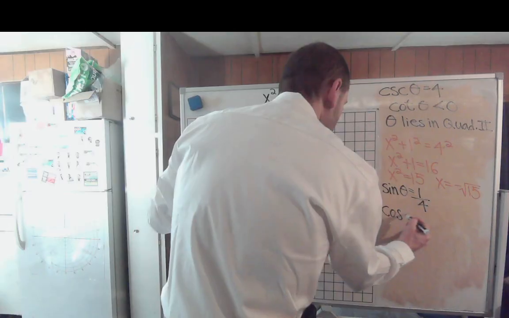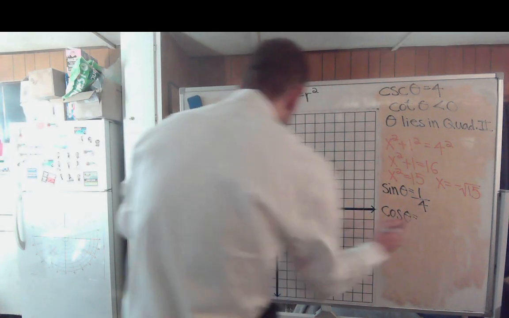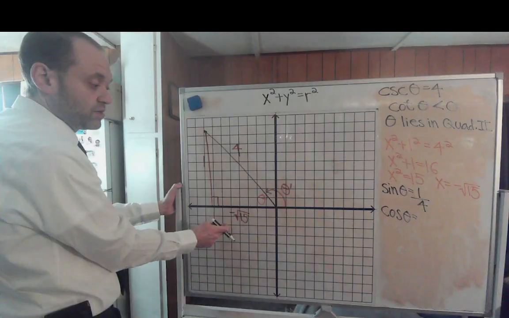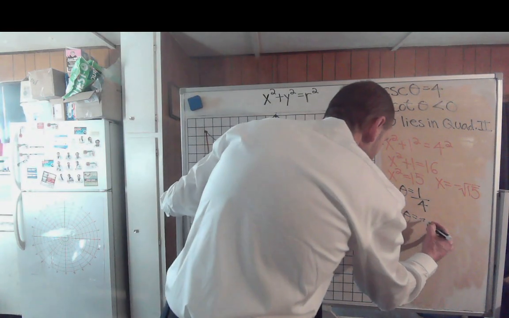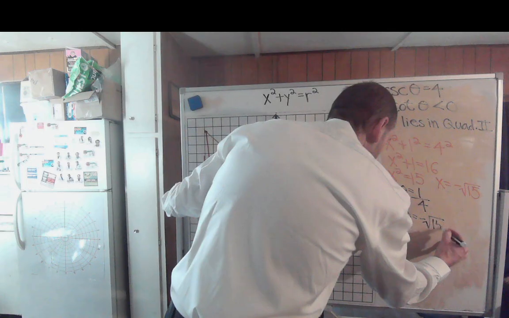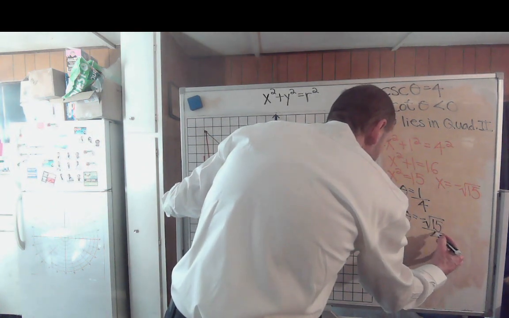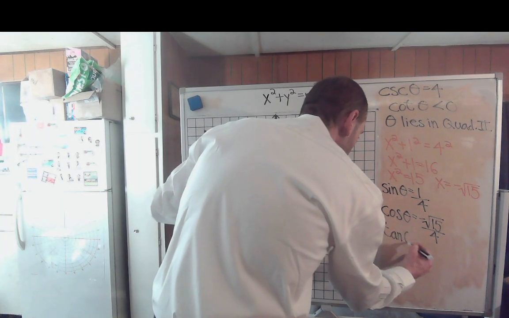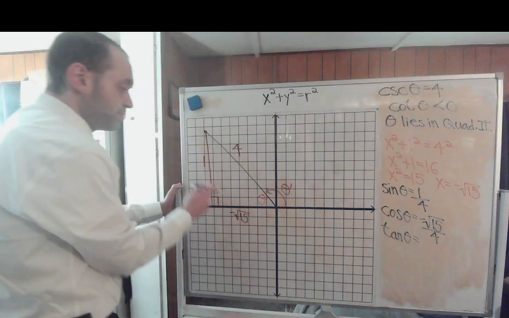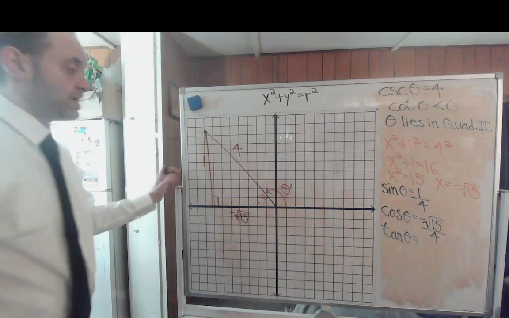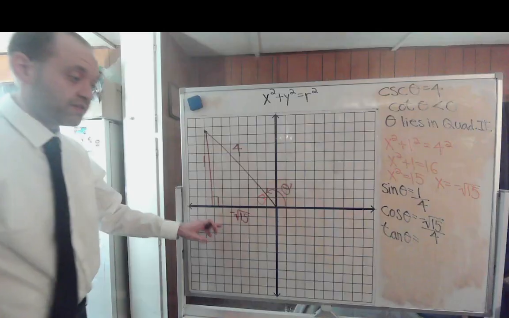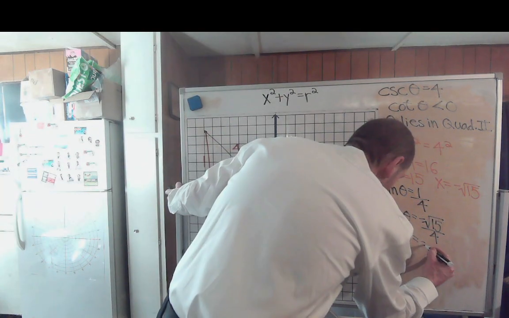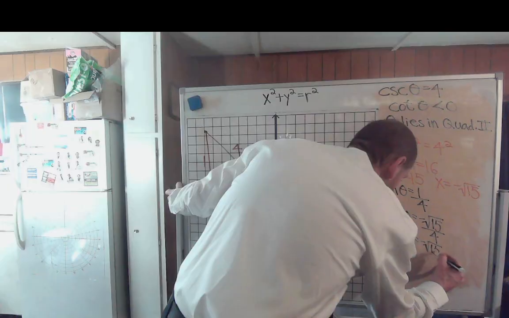The cosine of theta, well, that's going to be the adjacent over the hypotenuse. So you would end up getting negative square root of 15 all over 4. All right, now the tangent of theta, that's the opposite over the adjacent. So you get negative 1 over the square root of 15, or negative square root of 15 all over 15.